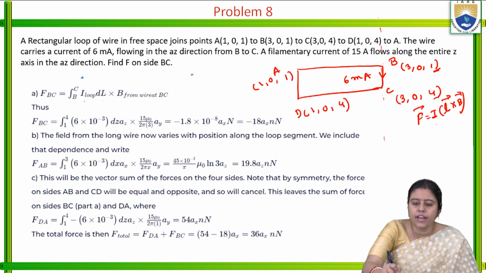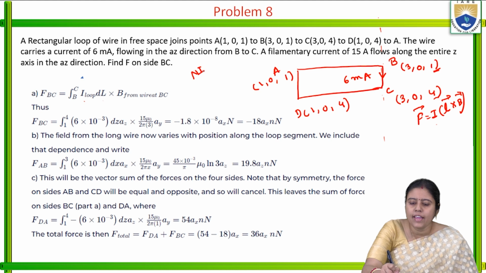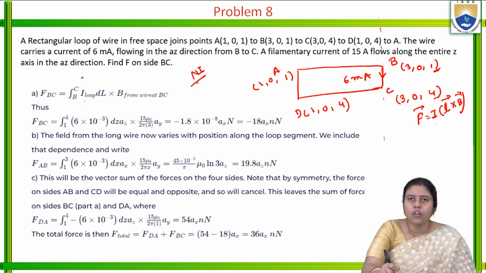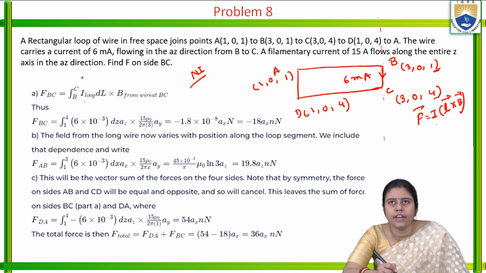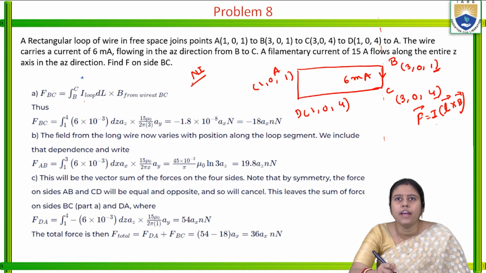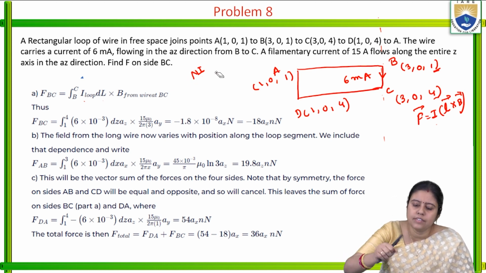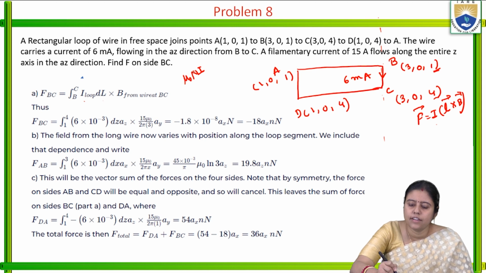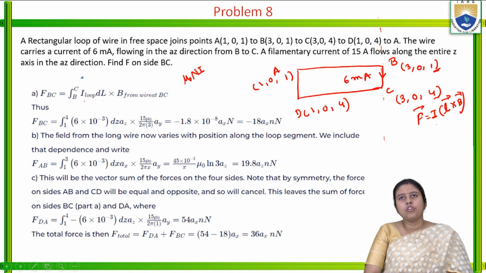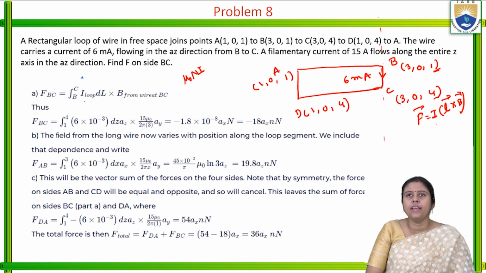So what is the formula? We know H is equal to N I. The number of turns N is 1. So it is coming as mu naught N I, which is B. Number of turns is equal to 1.